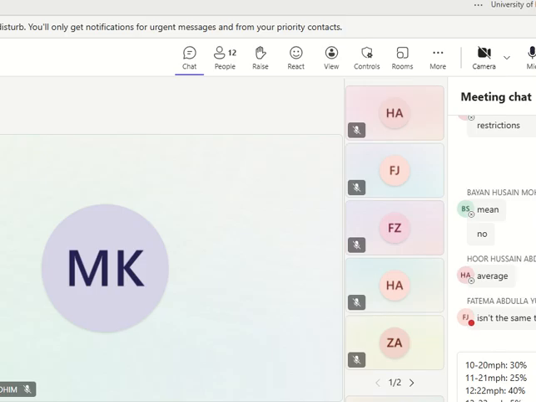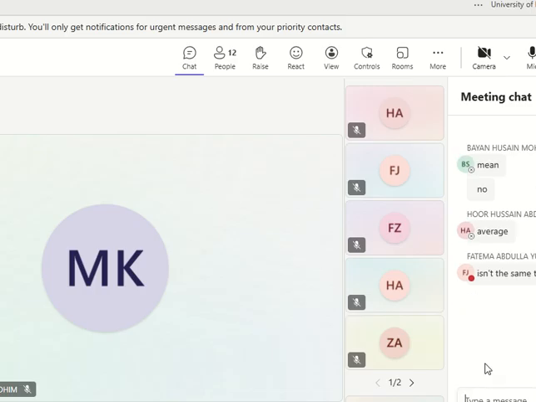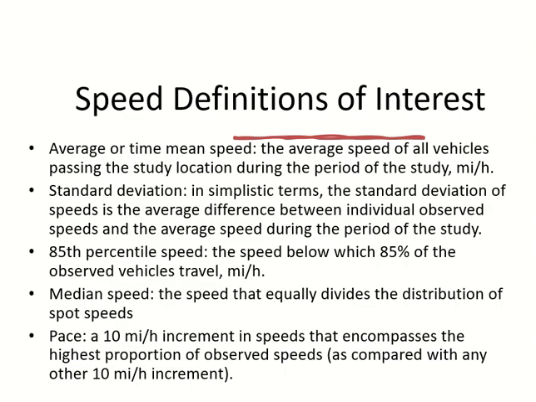Okay, so which one is the pace? Pace is this one. The 12 to 22, that's the pace, the one which had the highest percentage of drivers. So pace is a range which has highest percentage of drivers compared to any range of similar interval.